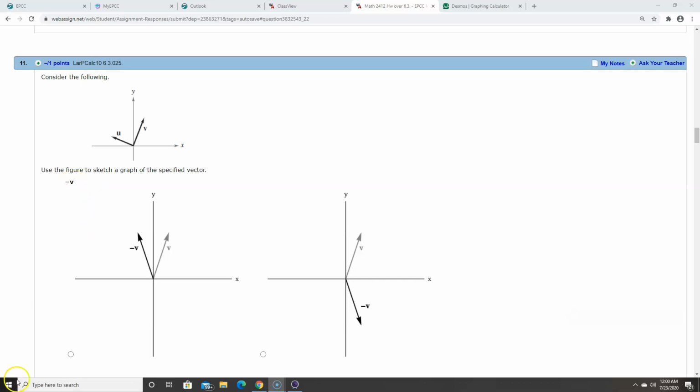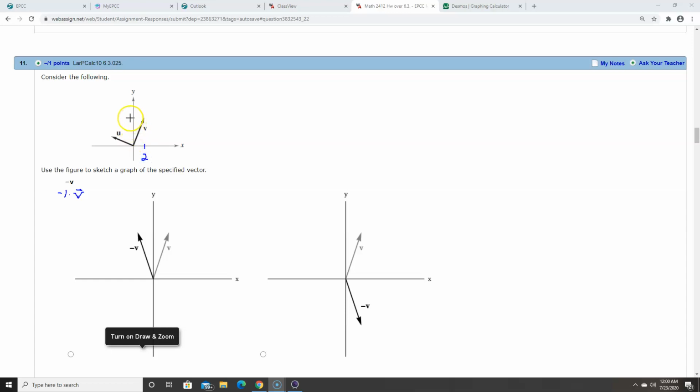Negative vector v is the same thing as saying -1 times vector v. So what that does is, everyone, just pretend that this was 2.